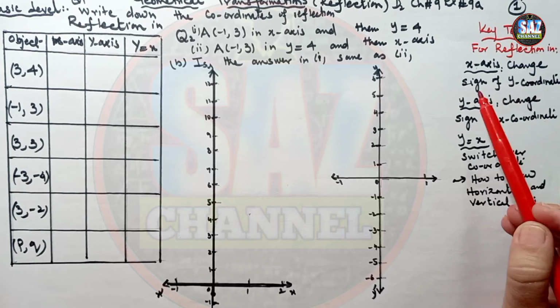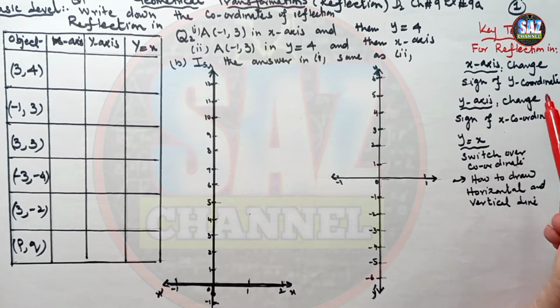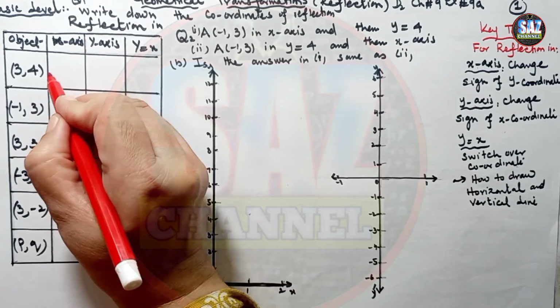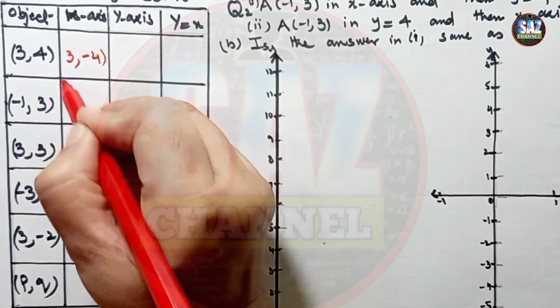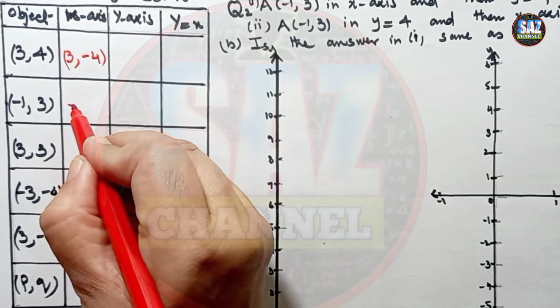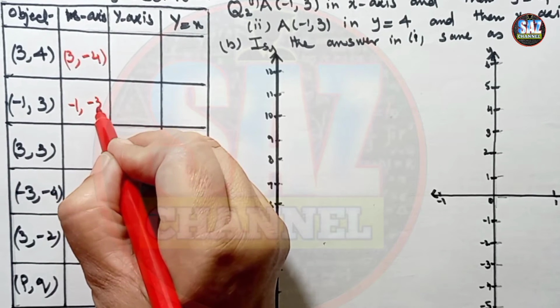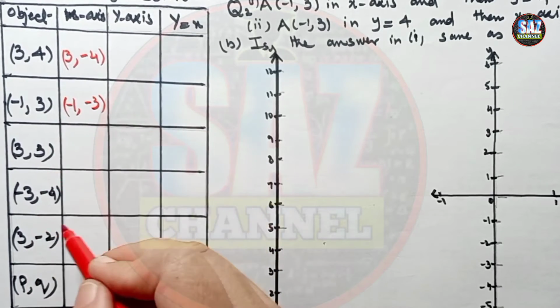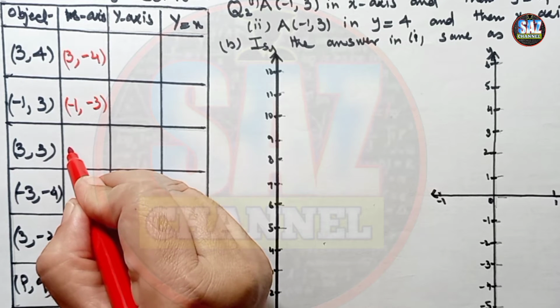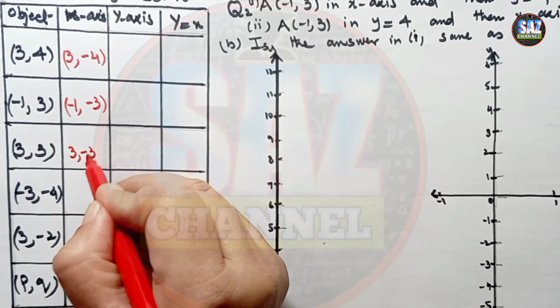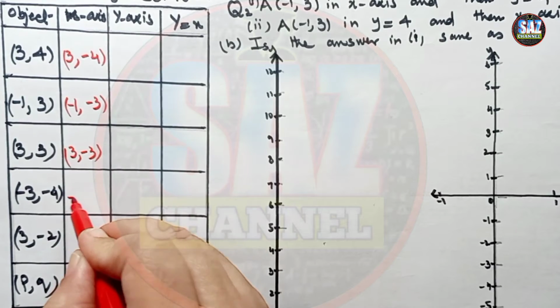The rule is that we just have to change the sign of the y coordinate. So the first point will become 3 and minus 4. The second is minus 1 and minus 3, because for the reflection in the x-axis, I have to change the sign of the y coordinate. Then 3, minus 3.